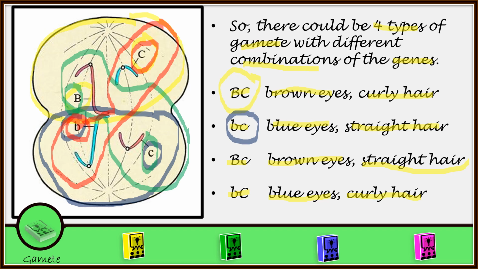Then we have seen that we can have a gamete with capital B and a smaller c, meaning that this gamete will have a gene for brown eyes and straight hair. And we have also seen that we can have a gamete taking small b and capital C, meaning that this gamete will have a gene for blue eyes and curl hair.